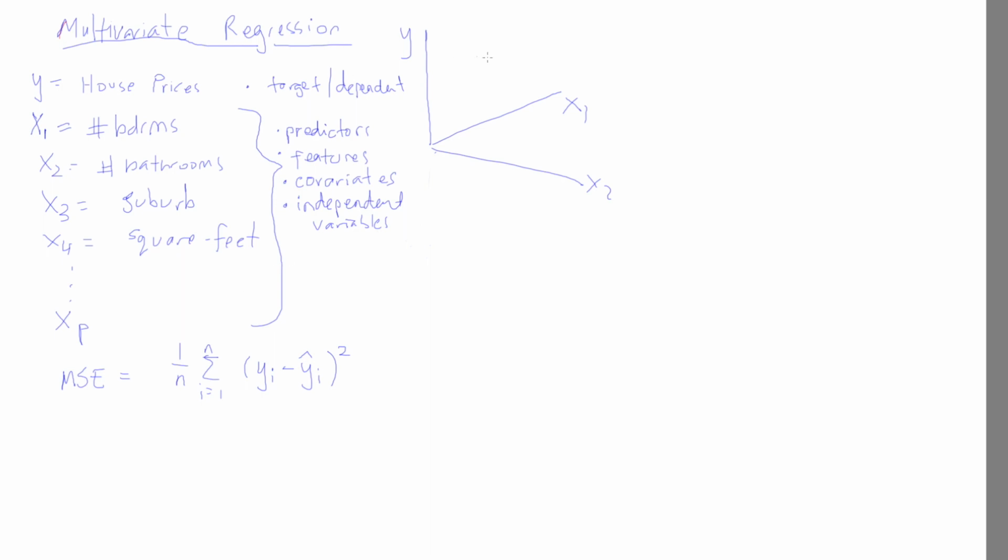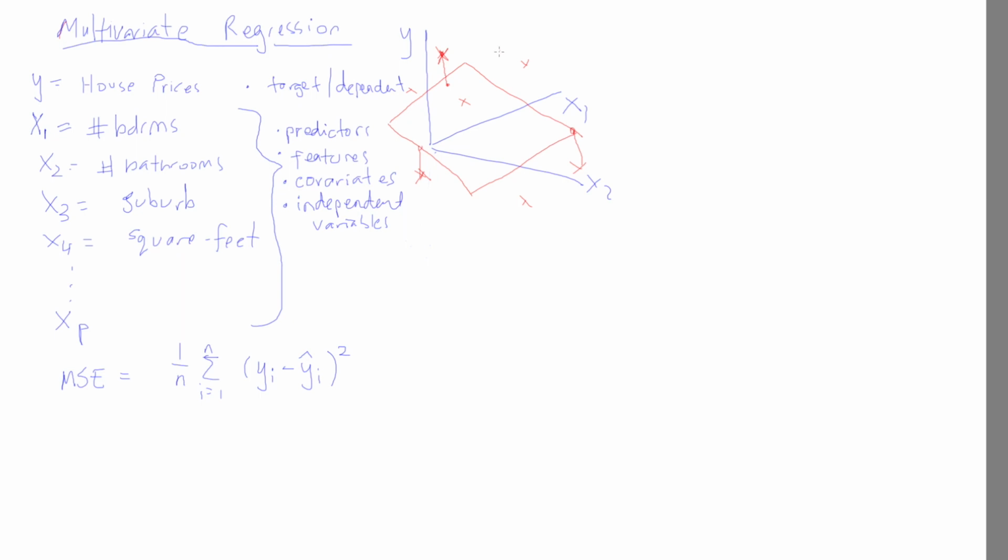It's going to look like a piece of paper. And the data points are going to be scattered in 3-dimensional space. But the basic idea is still the same. We're still going to measure the distance from the point to the plane. We're still going to take the vertical distance of each of the points to the plane.